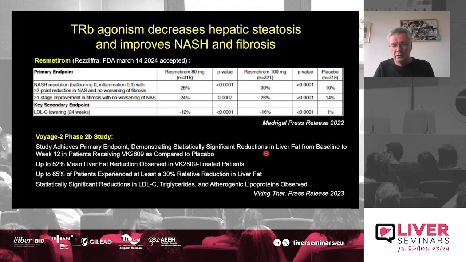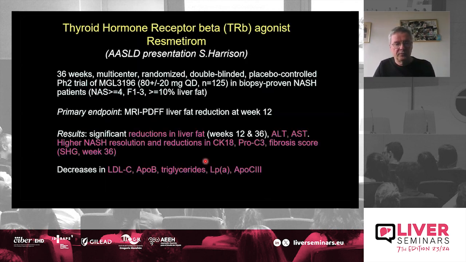But there are other TR beta agonists. I just showed you one here from Viking that has also results that are in the same line. So it indicates that TR beta agonist is not only resmetirom, but TR beta activation is probably a good way to restore liver functions.